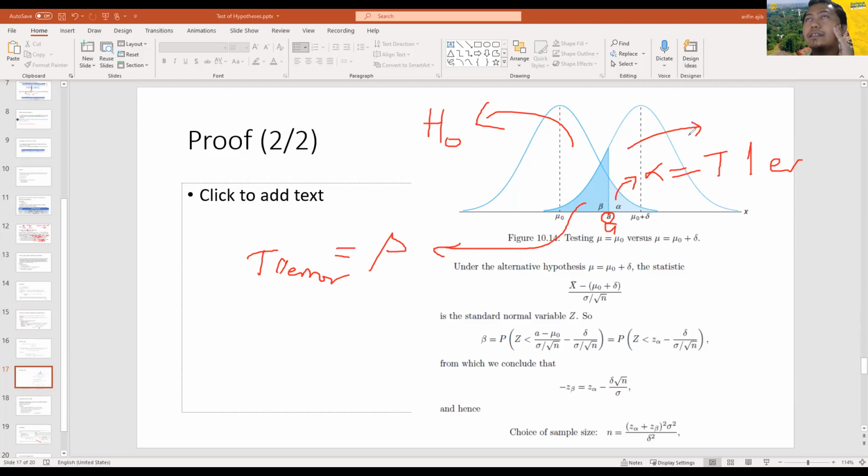And this white area, the second probability, corresponds to H1, the alternate hypothesis. After this, we can prove using these steps, and then we arrive at this formula here: how to choose the sample size based on the hypothesis.